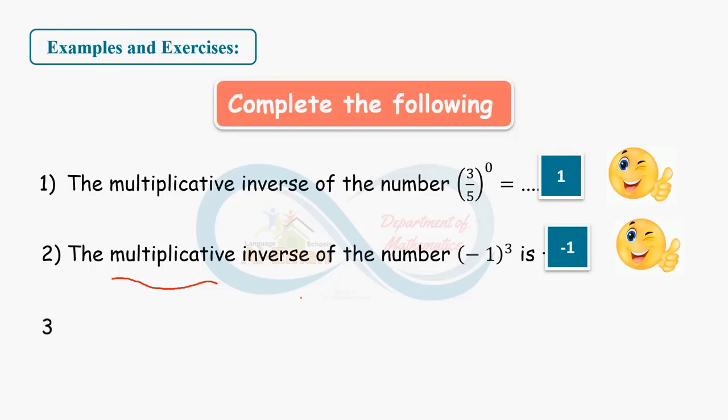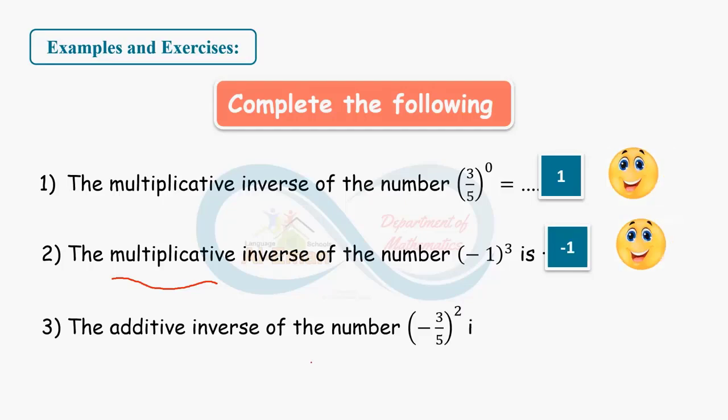Question number 3. The additive inverse of the number -3 over 5 all to the power 2 is: the additive inverse is the number that, added to our number, gives 0.